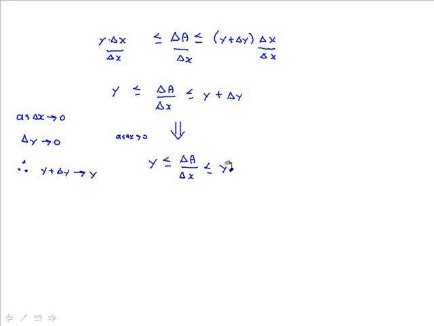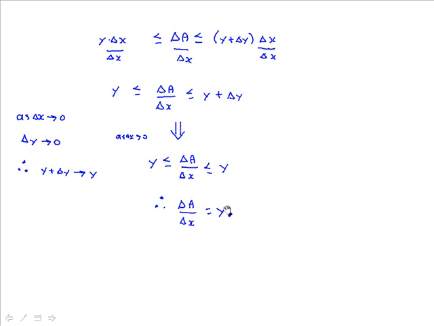Now we've got a very confusing looking expression because the lower limit is y, the upper limit is y. The only possible way to explain that is that the only value for delta A over delta x that makes sense has to be equal to y. That's the only way you can be greater than the lower limit and smaller than the upper limit.